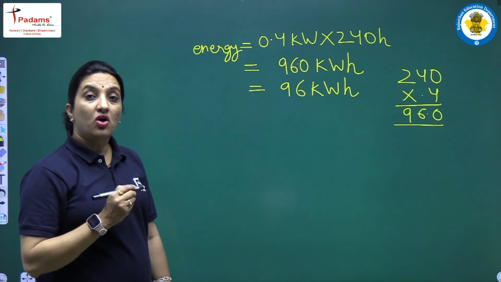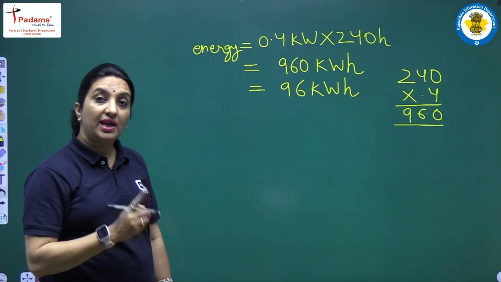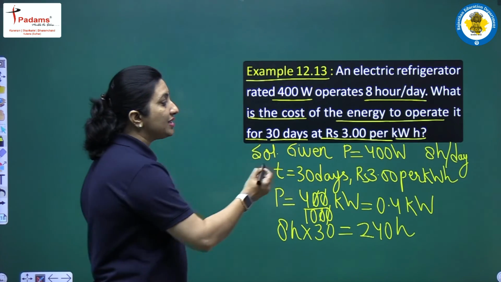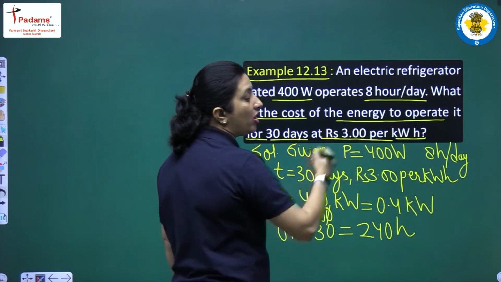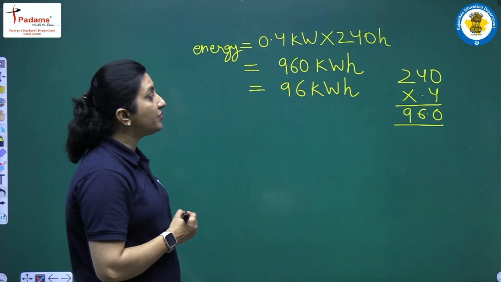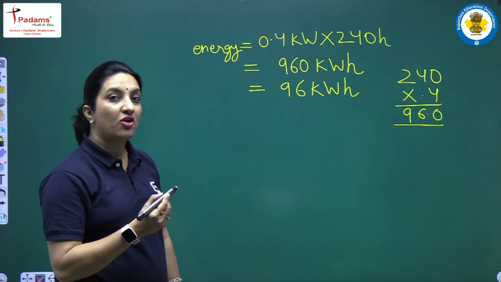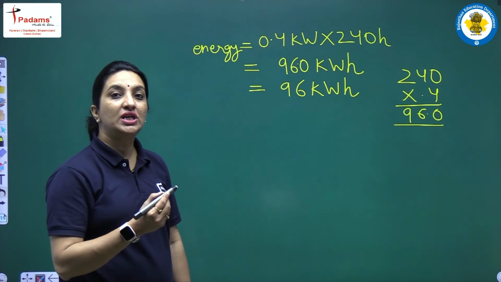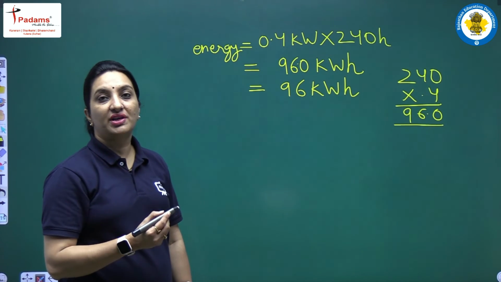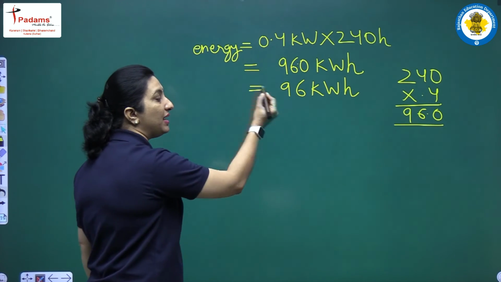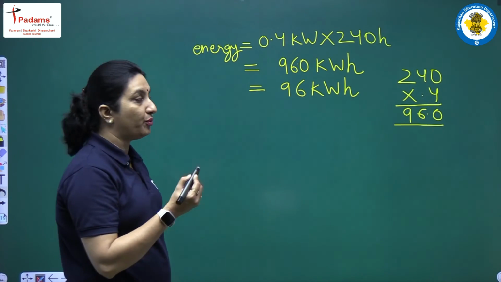Now the cost is given as rupees 3 per kilowatt hour. And how many kilowatt hours we have? We have 96 kilowatt hours. So the total cost of the total energy consumed by the electric refrigerator in 30 days will be calculated by multiplying this by 3 rupees.